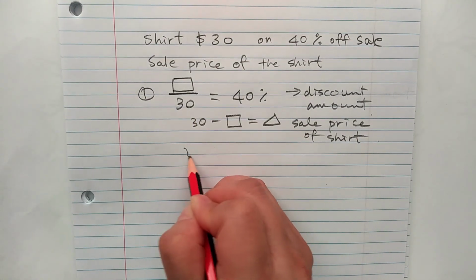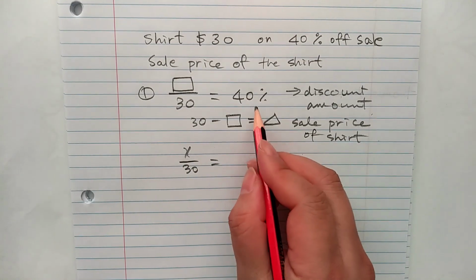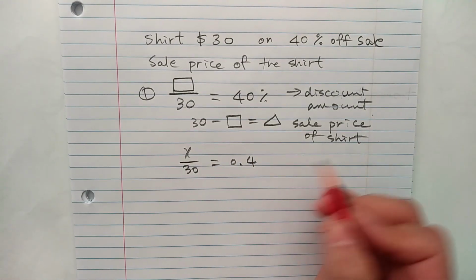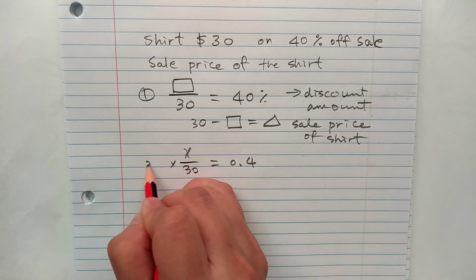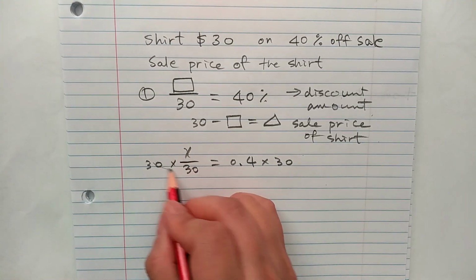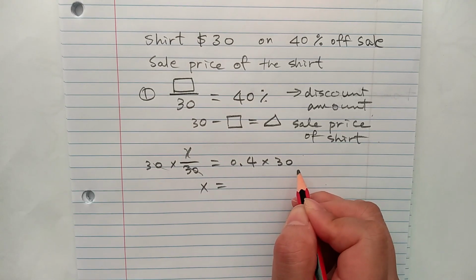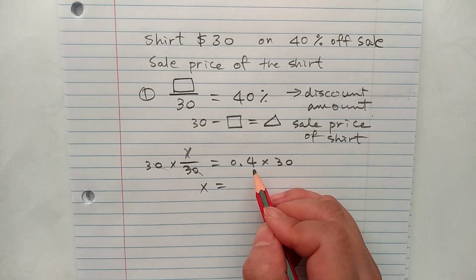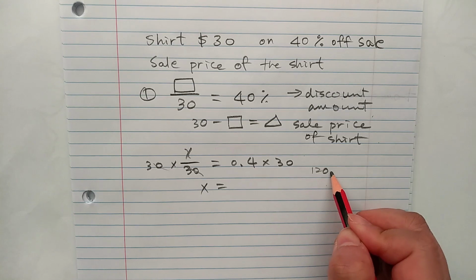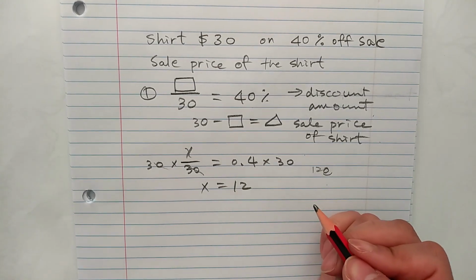Set the blank as an x over 30 is equal to, change that to a decimal, which is 0.4, multiply 30 each side, then this becomes 1, x is equal to 4 times 30 is 120, but there's 1 decimal place, so move the decimal point 1 step to the left, we get 12.